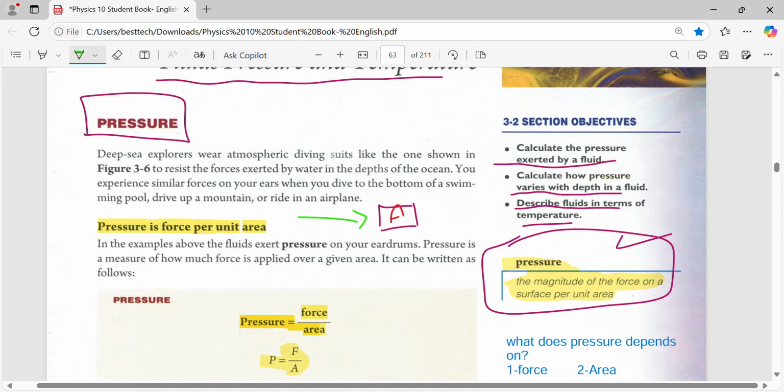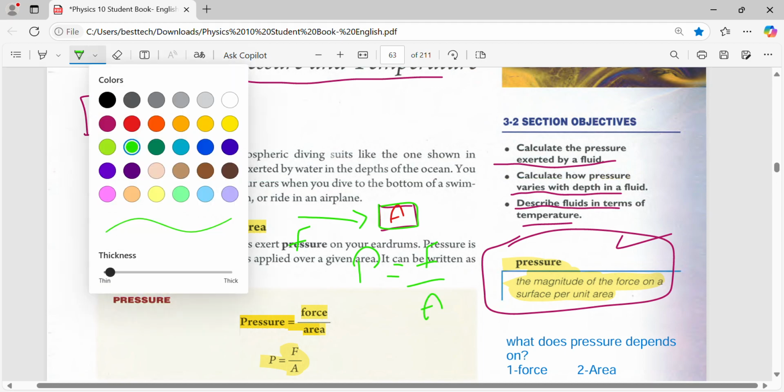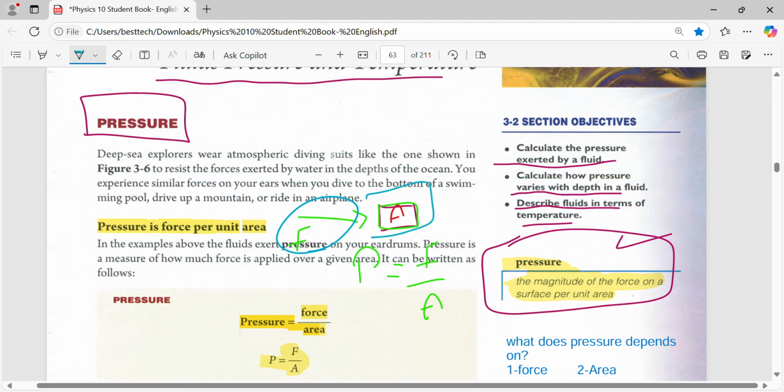Applying force over this area is called pressure, because pressure is equal to force over area. So applying any force to any place of the area is called pressure. Even here it is written, pressure is force per unit area.